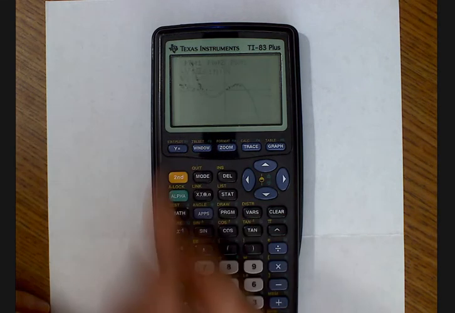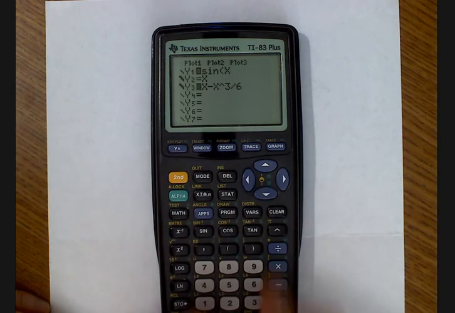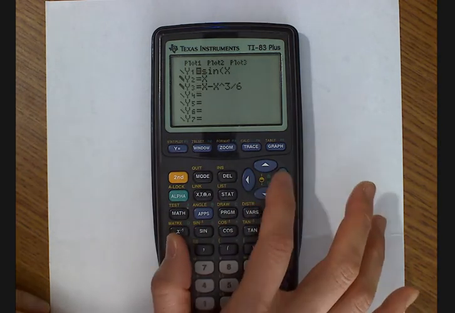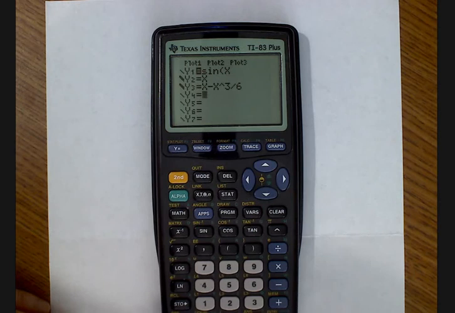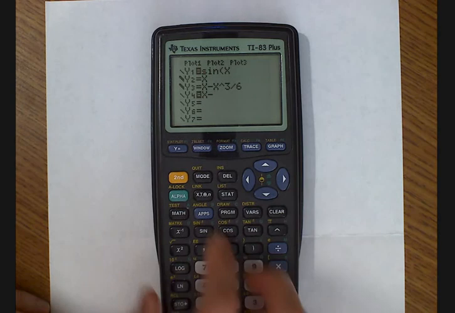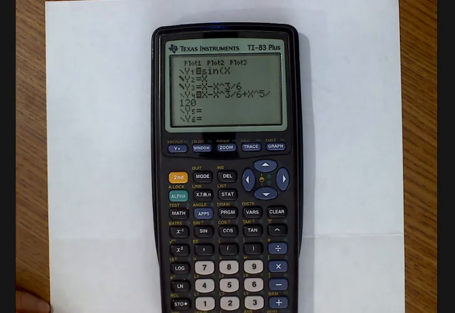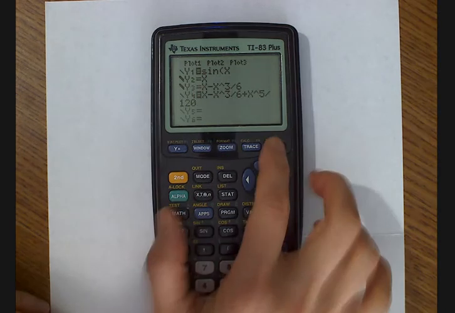I'm going to ask you to turn off number 3, and put in another equation for y4. This time it'll be x minus x raised to the third divided by 6, and now add on plus x raised to the fifth divided by 120. Now let's graph this out.